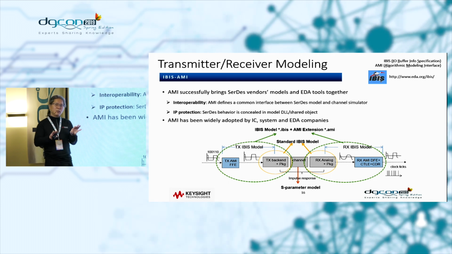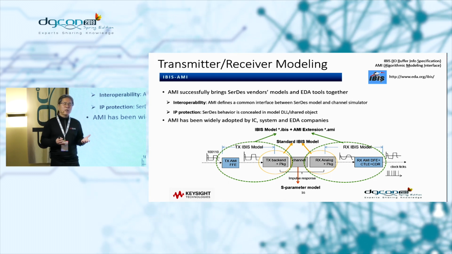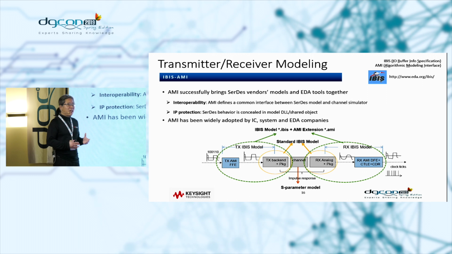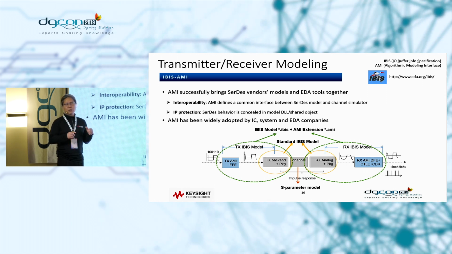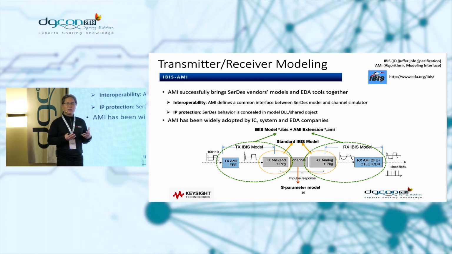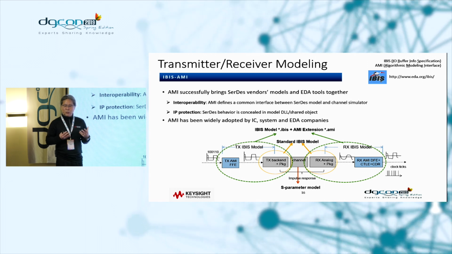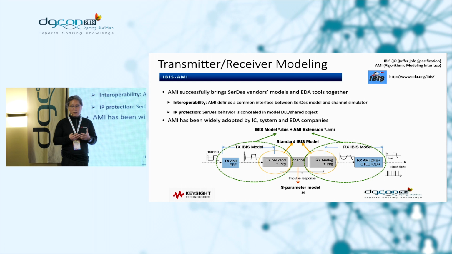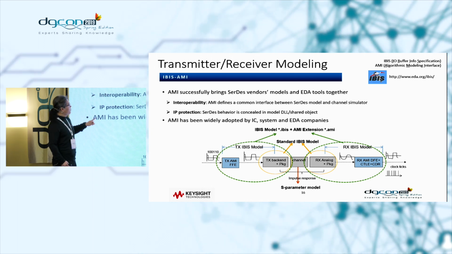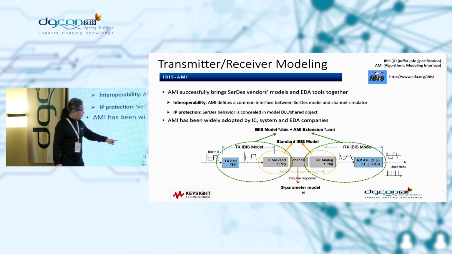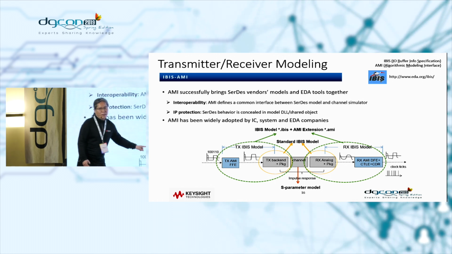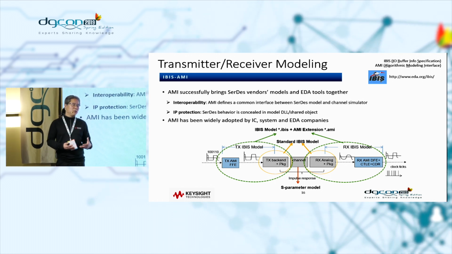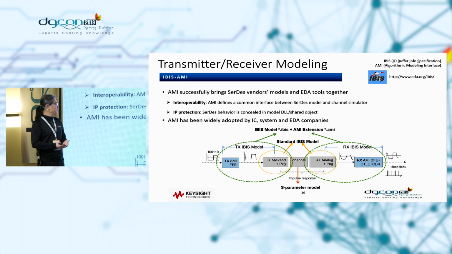definition to represent the chip and buffer information, but the algorithmic part, especially for SerDes, that includes the CTLE or DFE type of equalizations, along with the CDR, clock data recovery. Basically, it uses the algorithmic interface to represent those DSP functionalities.